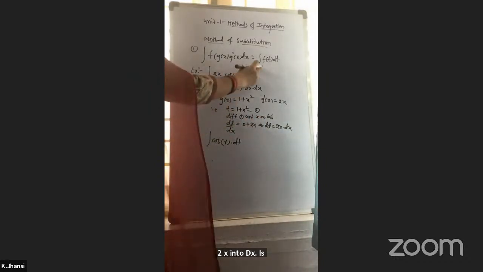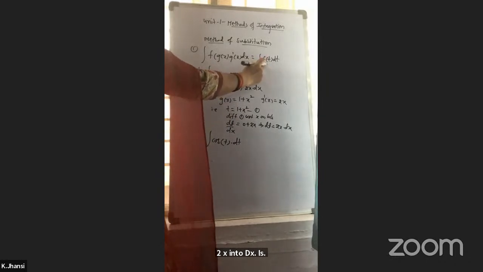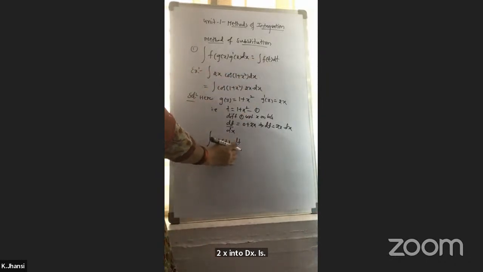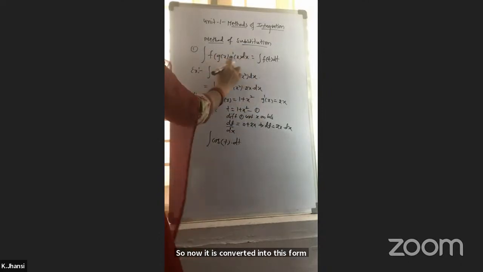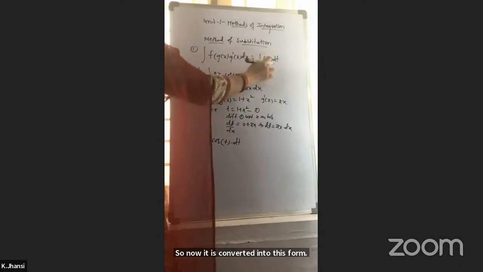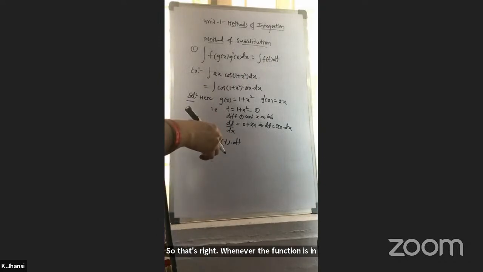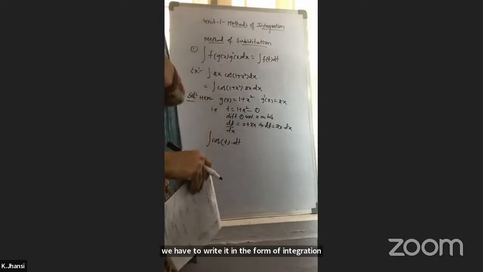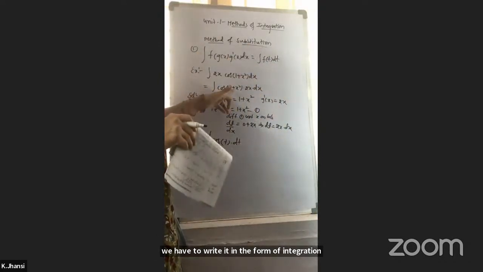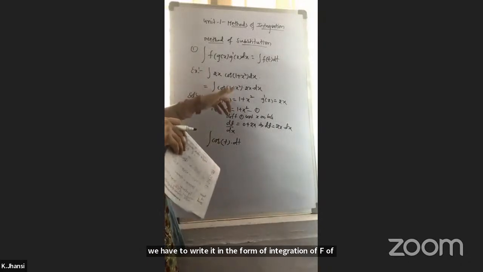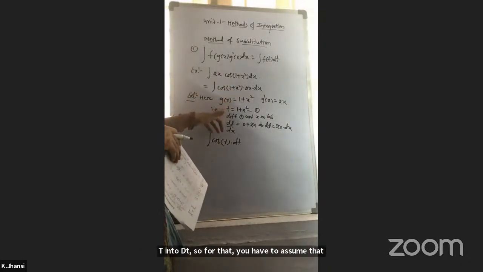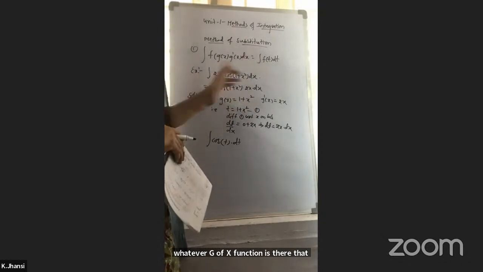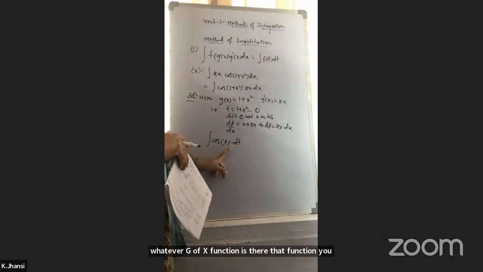So now it is converted into this form, f of t into dt. So whenever the function is in this form, we have to write it as integration of f of t into dt. For that, you have to assume whatever the g of x function is as t. Then the whole function will be converted into the t variable.